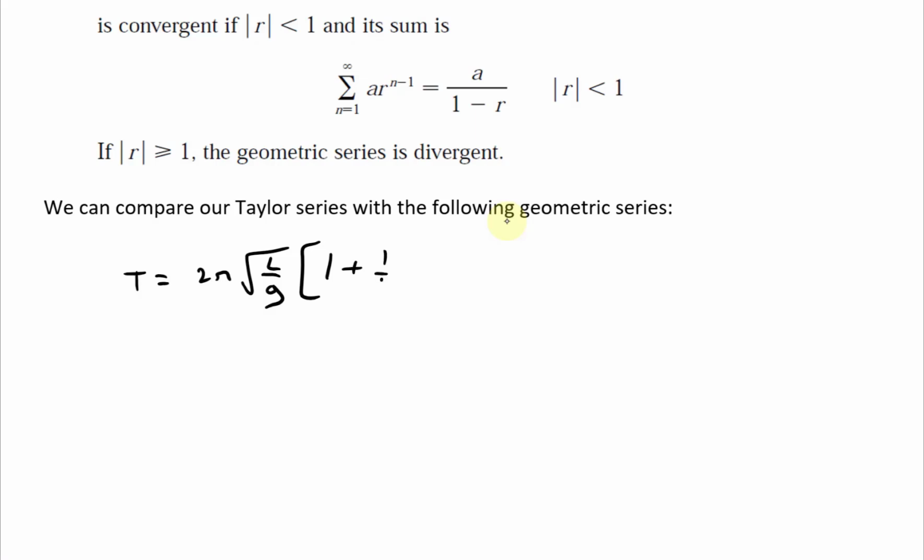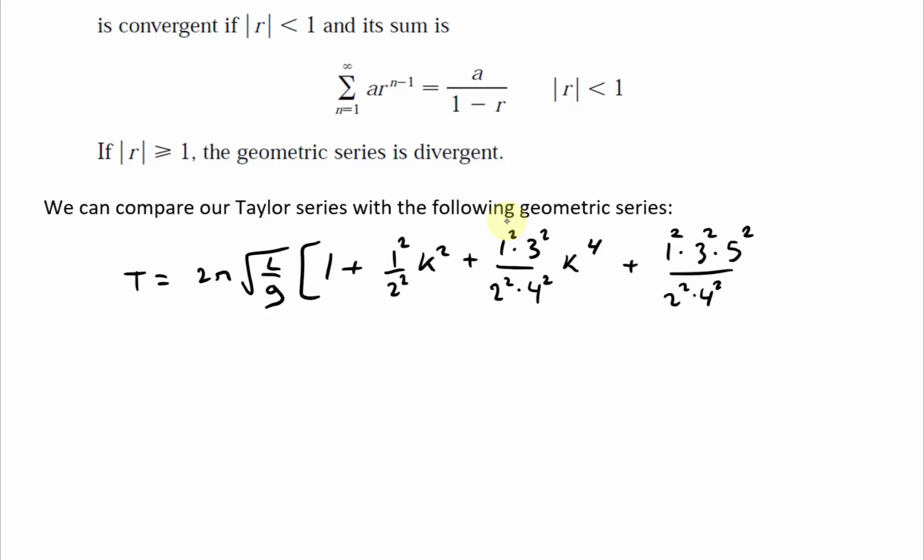So 1 plus, let's just write it in the usual format for now, 1 squared over 2 squared, k squared, plus 1 times 3 squared over 2 times 4 squared, k to the 4, and then plus 1 times 3 times 5, all squared, over 2 squared times 4 squared times 6 squared, k to the 6, plus and so on. Now for this one, we know that the terms are at most 1 over 4.